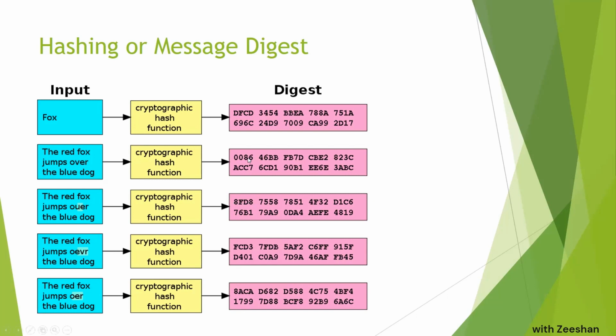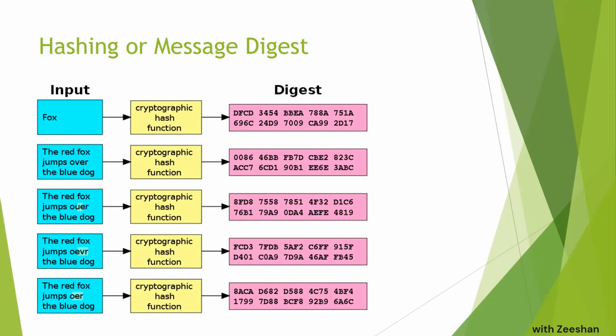It was 0086, now it is 8FD8. So just changing a small character will completely change the hash. Even if you write OEVR, the spelling is wrong, the hash is totally changed: FCD3. If you skip the V, the hash is again totally changed.